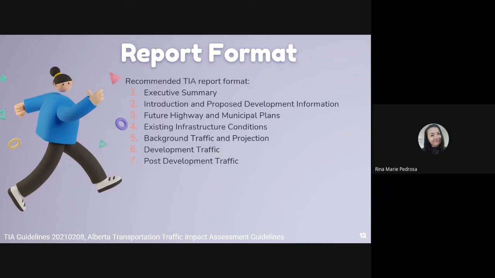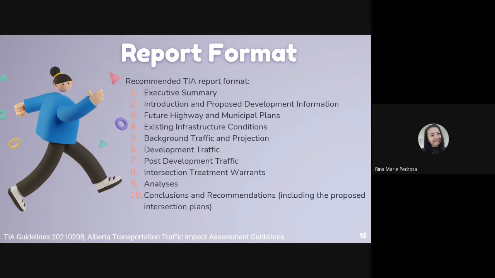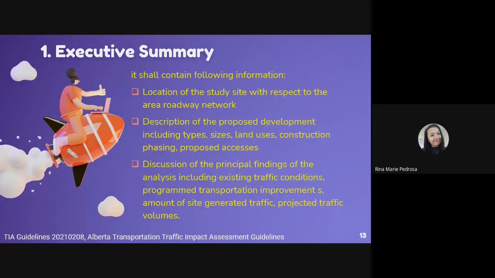Seven, post development traffic. Eight, intersection treatment warrants. Your analysis, conclusions and recommendations, including the proposed intersection plans, and lastly, the appendices, or where your scopes and supporting documents, calculations, correspondence, etc. are found. Let's start with the executive summary.